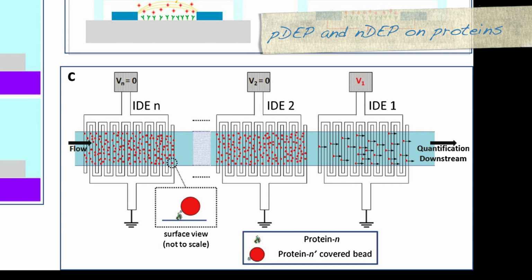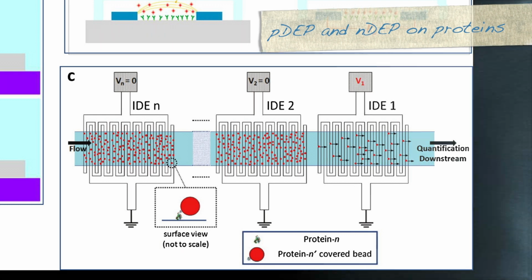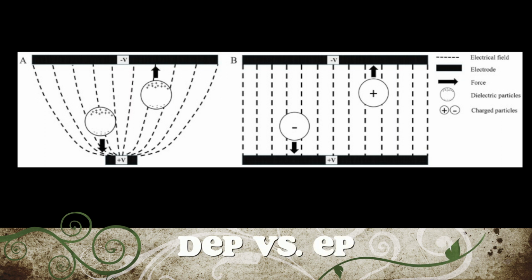So bound beads on each element can be forced to detach by applying a voltage at the corresponding electrode array and utilizing dielectrophoresis effects. So this picture shows the schematic diagram of dielectrophoresis versus electrophoresis.